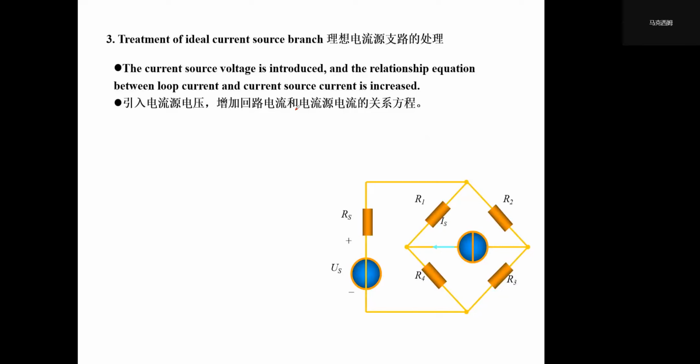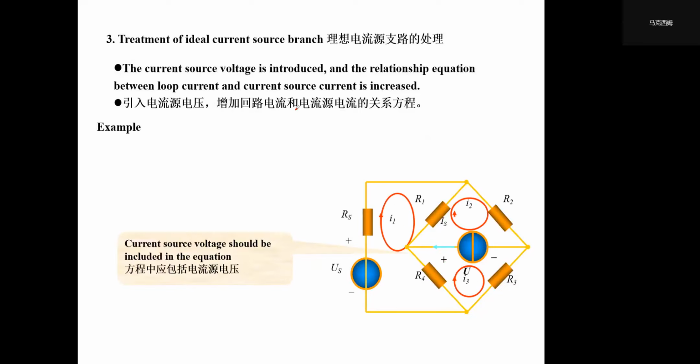And if we have a voltage source, we also could use this kind of relationship to do so. We can do it another way. Both are right. But in order to demonstrate this, we have to make sure that our equations contain the voltage of the current source. So this is how we deal with the ideal current source branch.